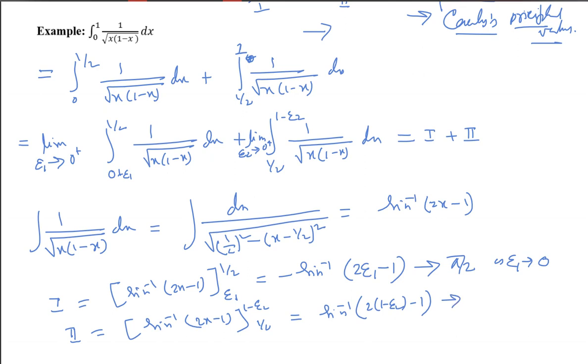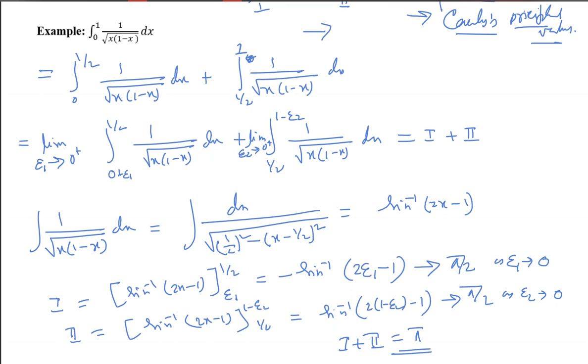So that is tending again to pi by 2 as epsilon 2 tends to 0. So I plus 2i is equal to pi. So we are getting the value pi.